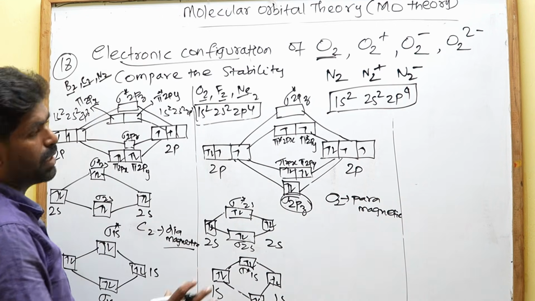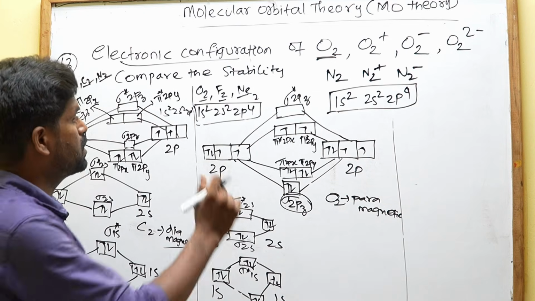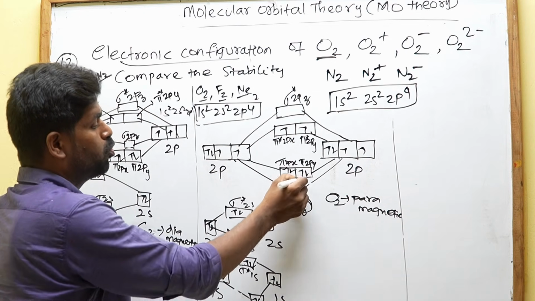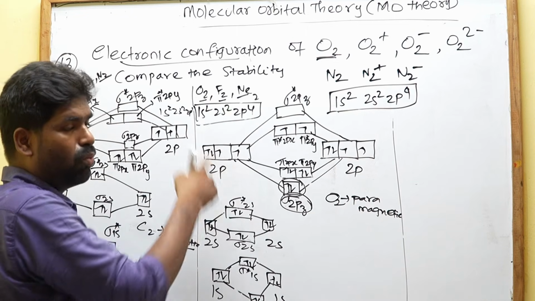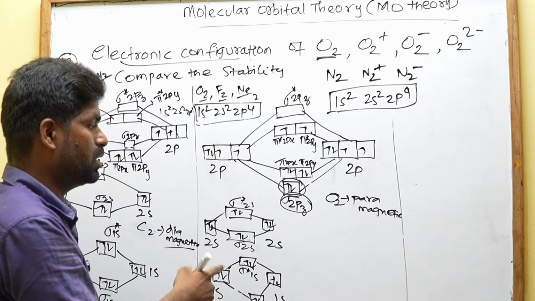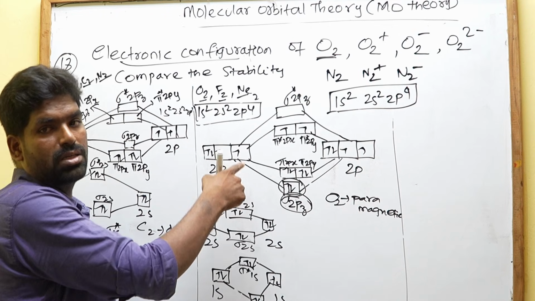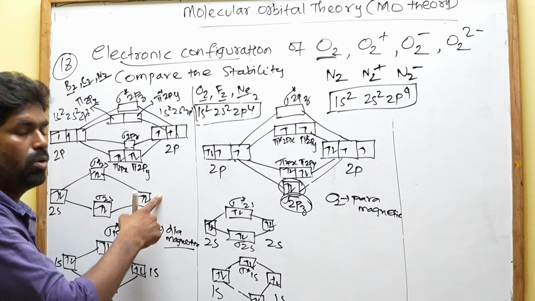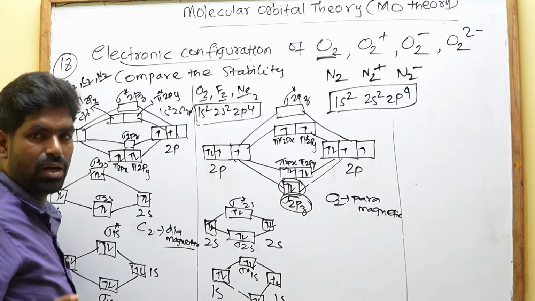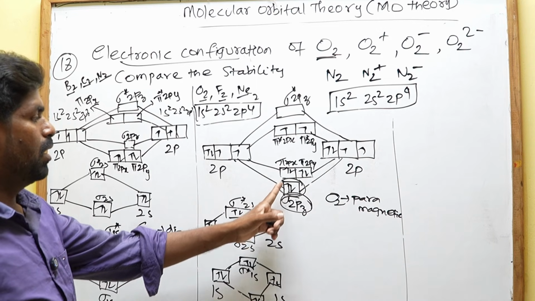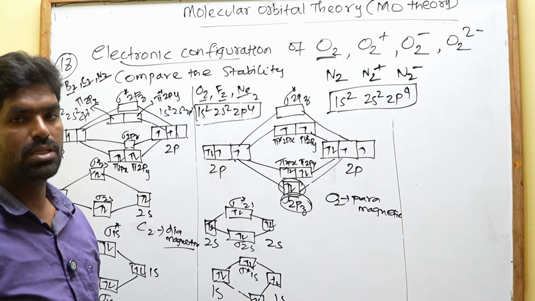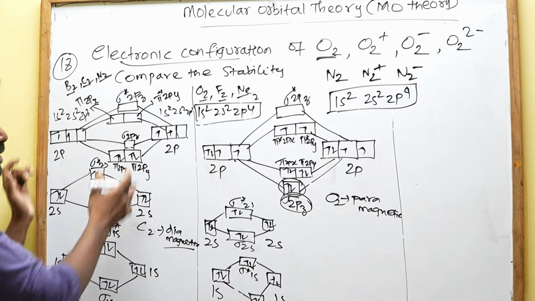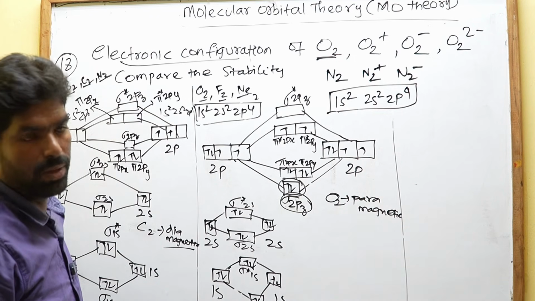So listen carefully students, the distinct difference is the placement of sigma 2pz in the case of dioxygen, difluorine. Why does this actually occur? Because here 2s 2p orbitals are mixing, here they are without mixing. Okay, that doesn't require explanation now, just understand the placement of sigma 2pz, because this is the key difference between the nitrogen type and oxygen type molecular orbital diagram.